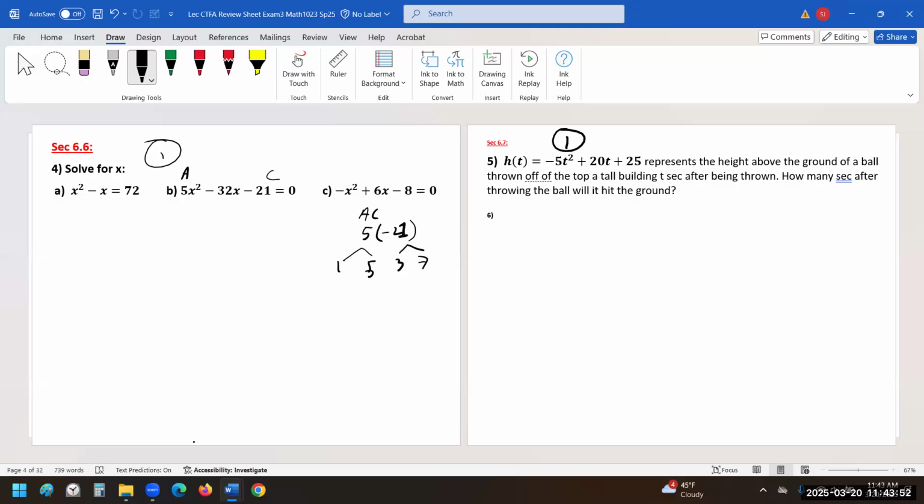For example, 3 times 5 is 15 and 7. We don't get 32 from here. So you multiply the other way around. We multiply 1 with the 3, we get 3, and 5 with the 7, we get 35, and yes, we get 32 from here. So we have -35 and +3.